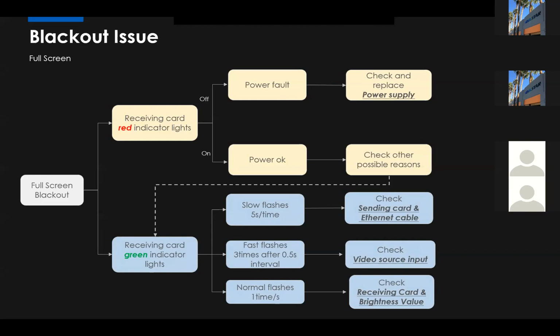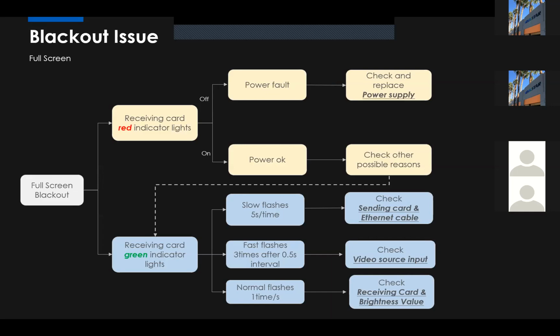But if the receiving card works properly and the screen is still black, we need to check the receiving card firmware program, the configuration files, that is RCFGX files, and the brightness value. After all these problems have been checked, we can find the corresponding solution so that the black screen problem can be solved.